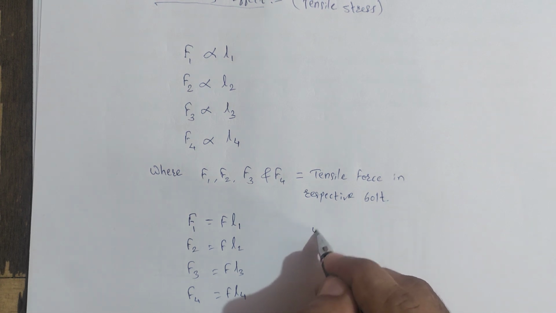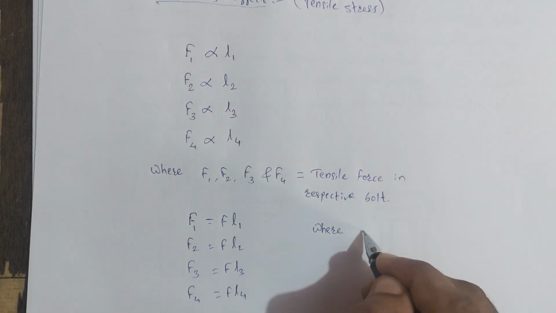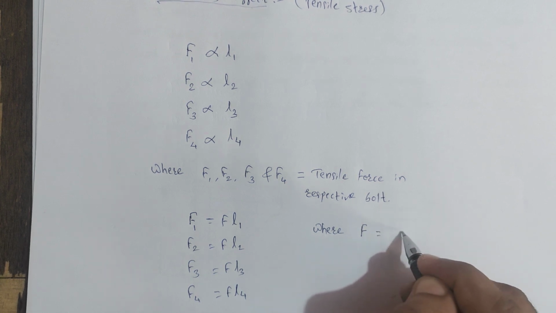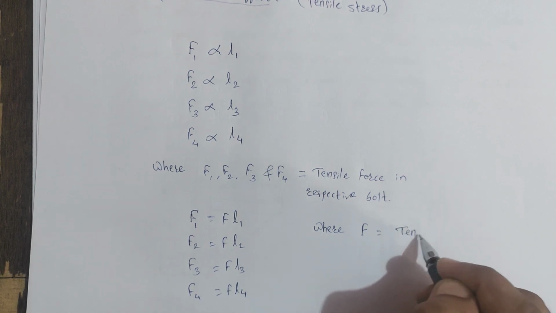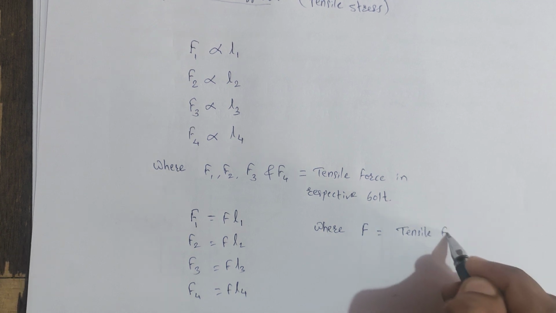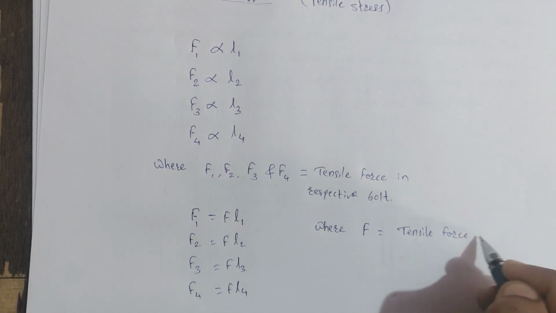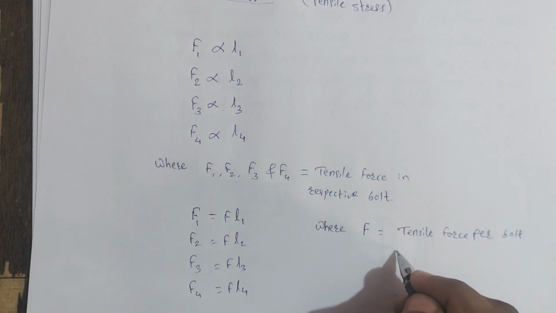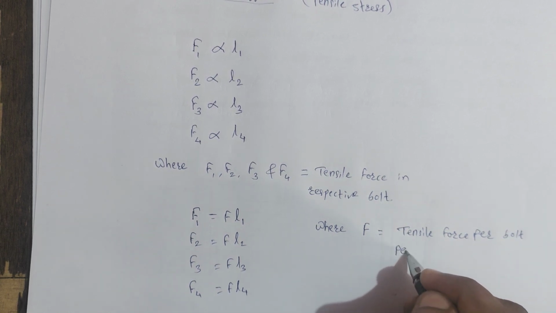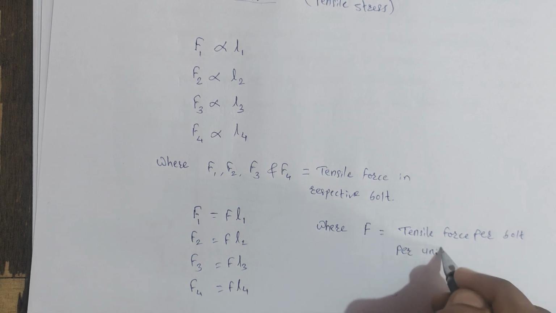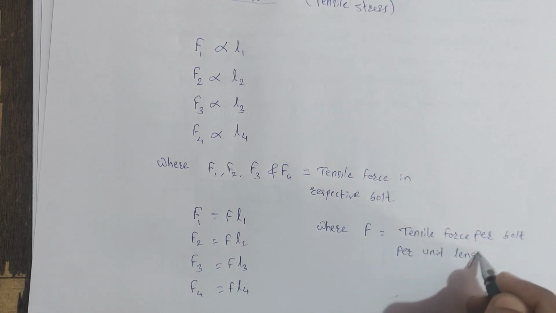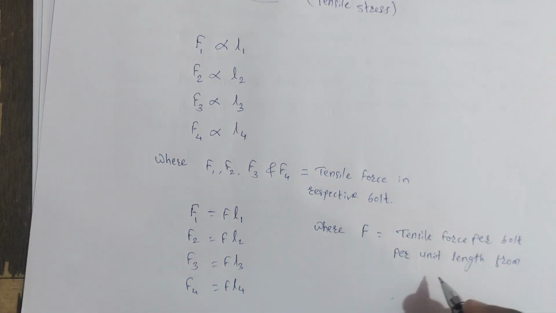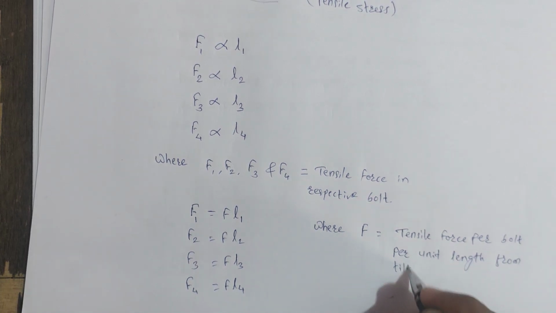So again, the proportionality constant F is nothing but the tensile force per bolt per unit length from the tilting edge.